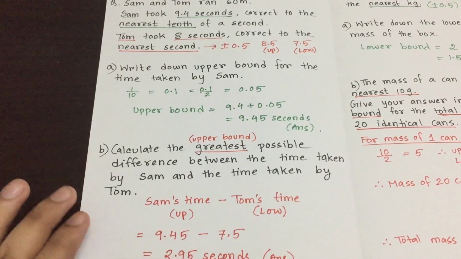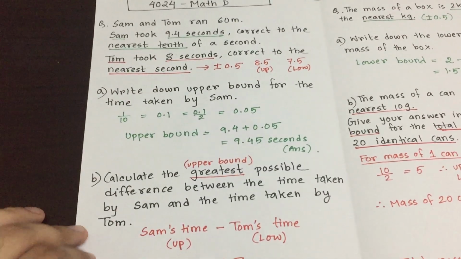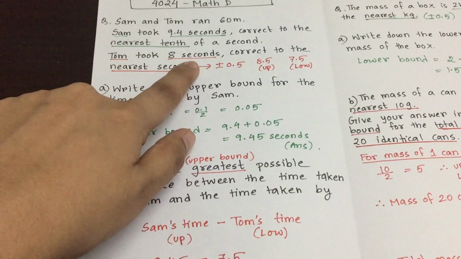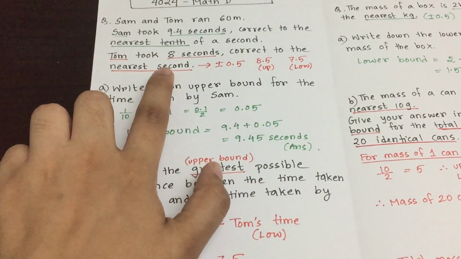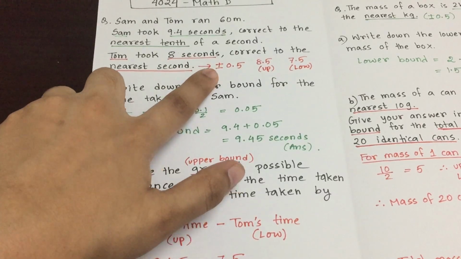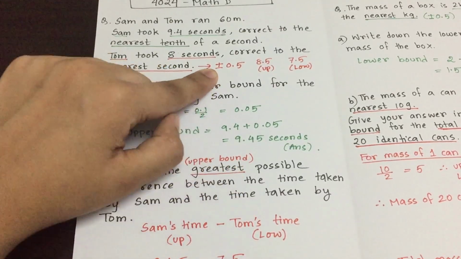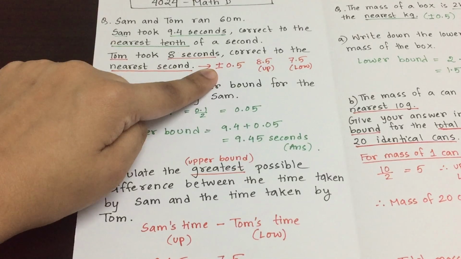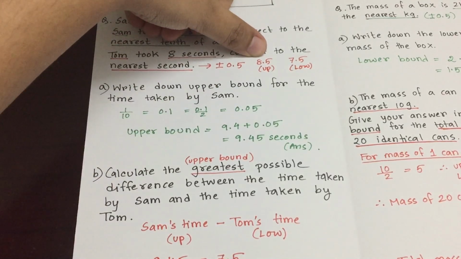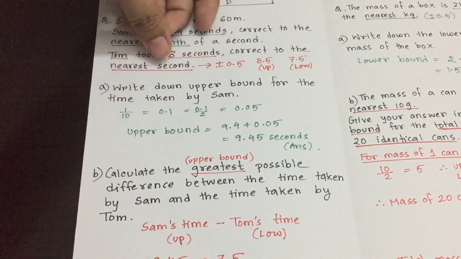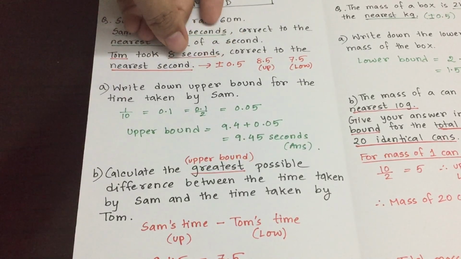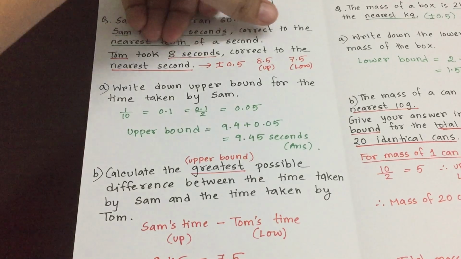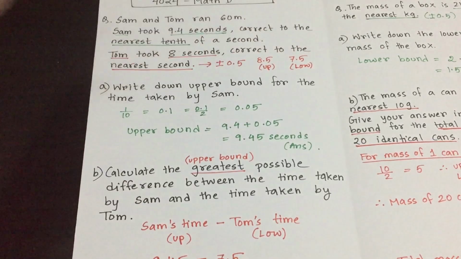So we take Sam's upper bound and Tom's lower bound. And in order to find Tom's lower bound, you can see here that Tom took 8 seconds, and the keyword here is correct to nearest second. That means plus and minus 0.5 to get the upper bound and lower bound for Tom. So for Tom, the upper bound will be 8.5 because 8 plus 0.5, and his lower bound will be 8 minus 0.5, which is 7.5.